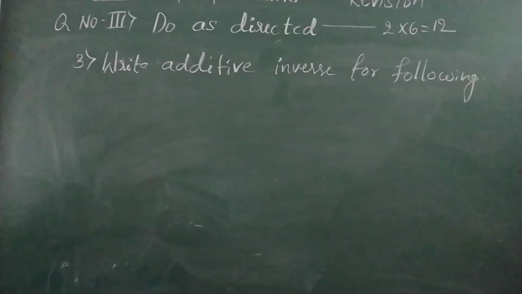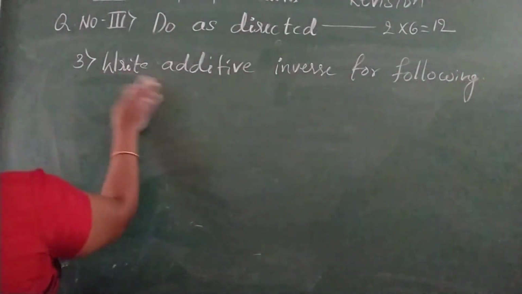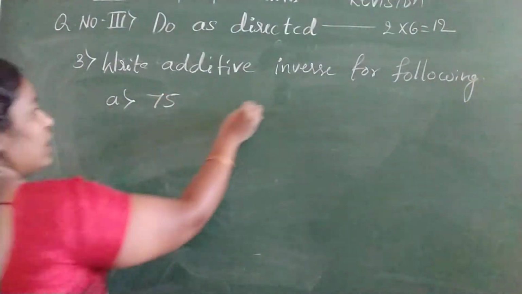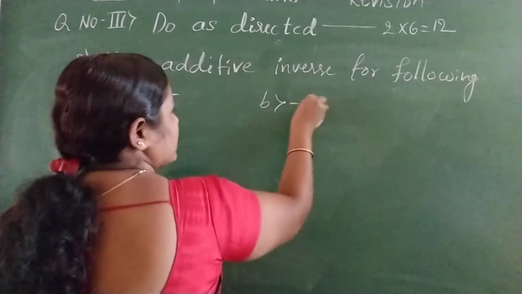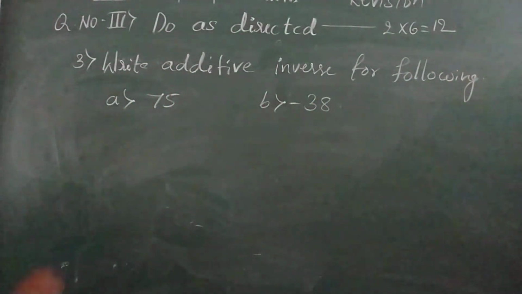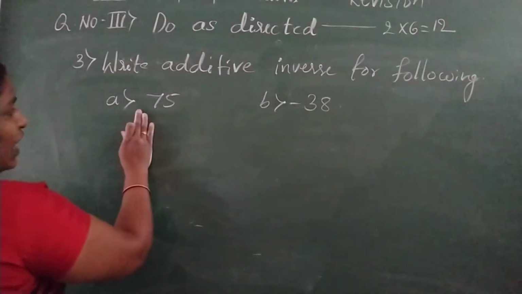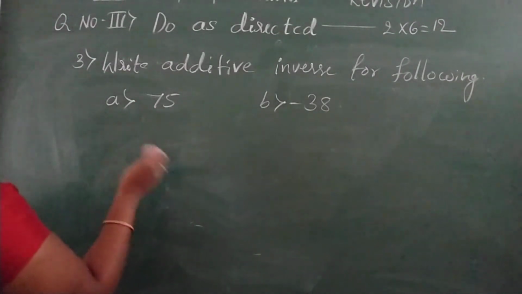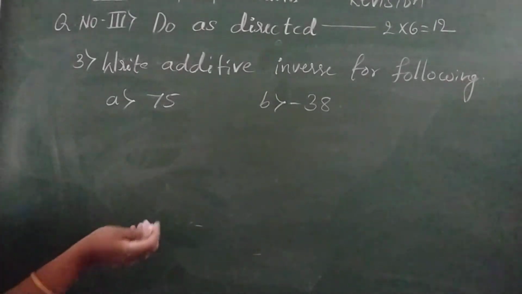Additive inverse for the following. So the given examples are A, 75, and B, minus 38. What is additive inverse? Whatever example is given, if it is positive, you have to write the negative one.